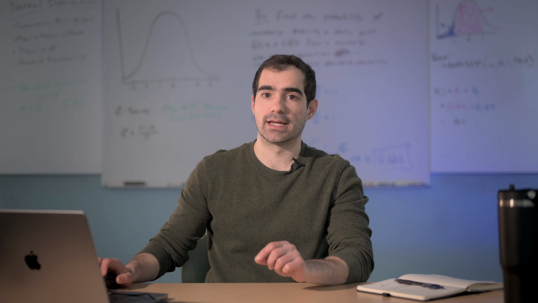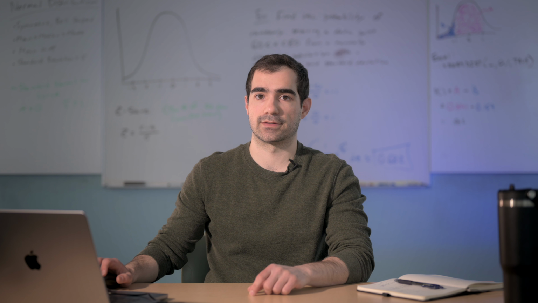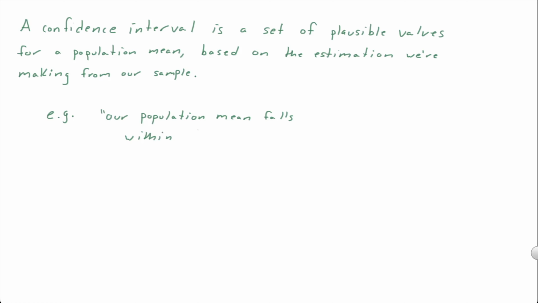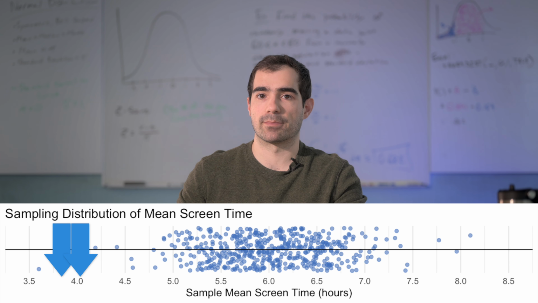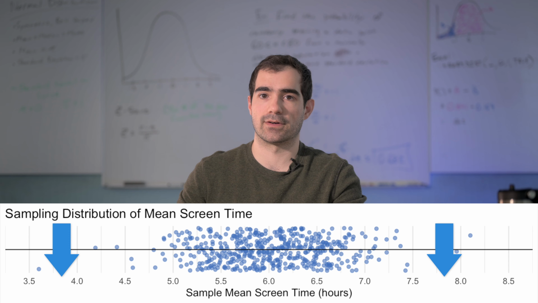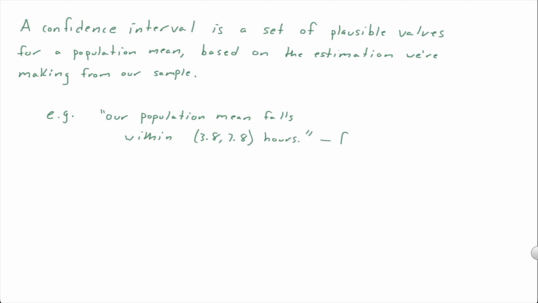That range is what we'll call a confidence interval. For example, we might estimate that the population mean for daily screen time lies somewhere between, say, 3.8 and 7.8 hours. Looking at our sample means, that's a pretty wide range. The vast majority of sample means fall between these two values, so this is probably a safe enough statement to make.